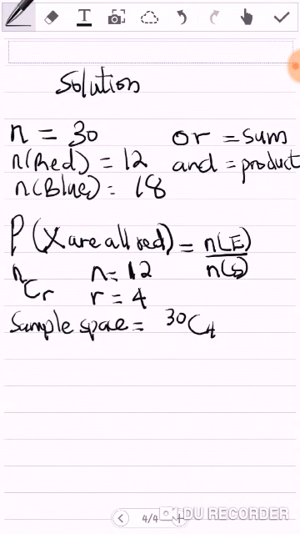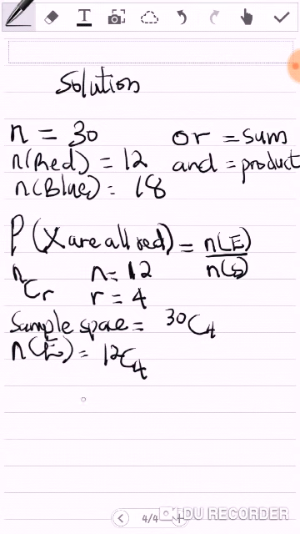Now let's go to the number of events for this particular question. So n(E) is equal to, here our N is 12, combination R. They said all of them are red, and how many are we selecting? 4.